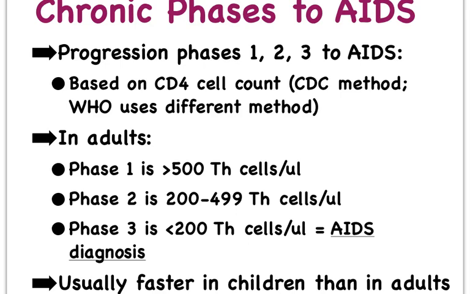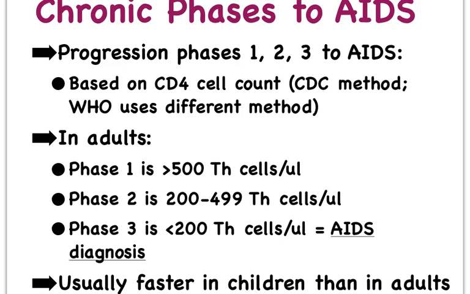So the phases that progress to what we call full-blown AIDS, we call the progression phases 1, 2, and 3. And we're going to use the CDC method, which looks at how many CD4 cells are present per cubic millimeter or microliter of blood. The World Health Organization uses a slightly different method, so we're not going to touch on that one.